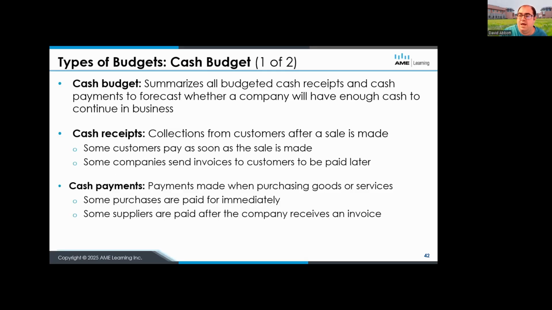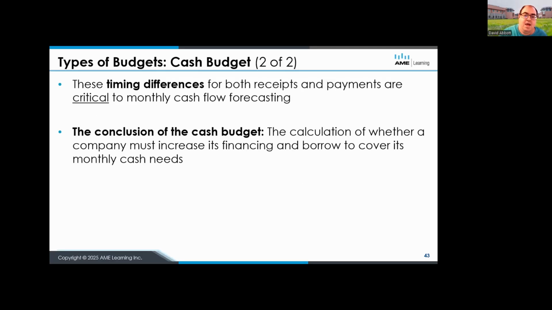So the company receives the product or the service, and then receives an invoice after that, which they would have to pay. Now, these timing differences for both receipts and payments are crucial to forecast our monthly cash flow, because we might make a sale, but that doesn't mean we're going to get paid right away, or we might receive something, but that doesn't necessarily mean we've paid for it at the same time.